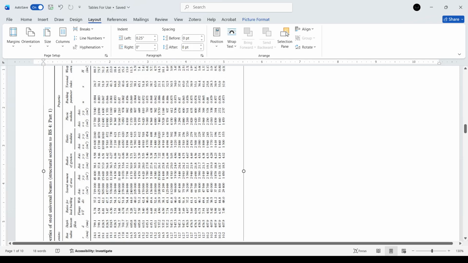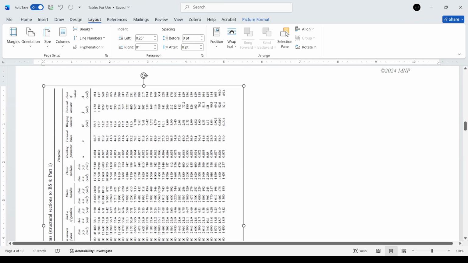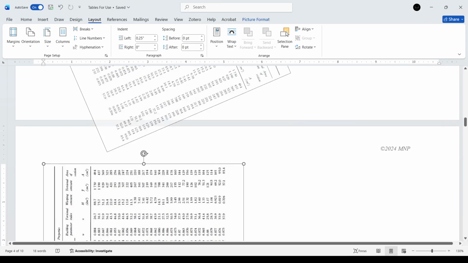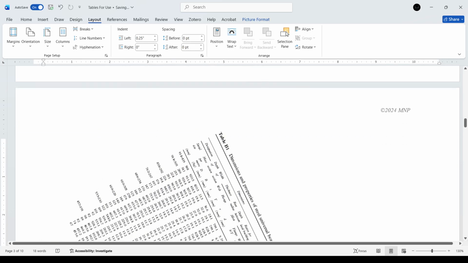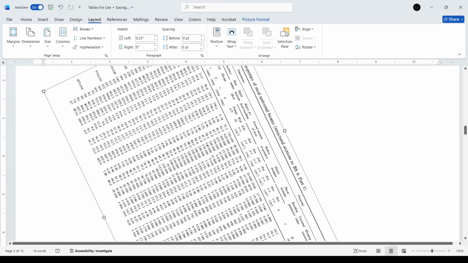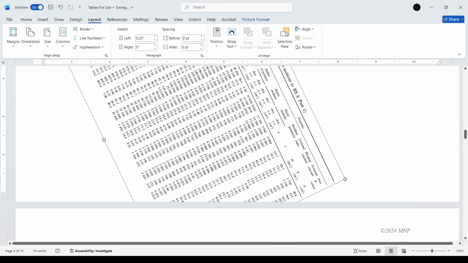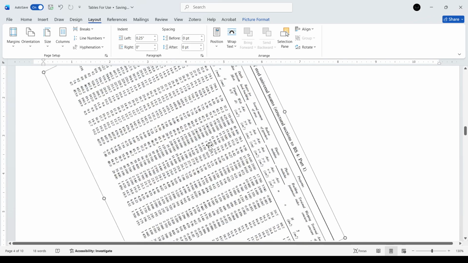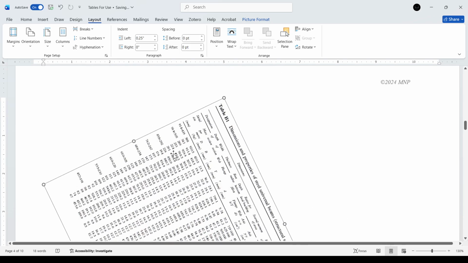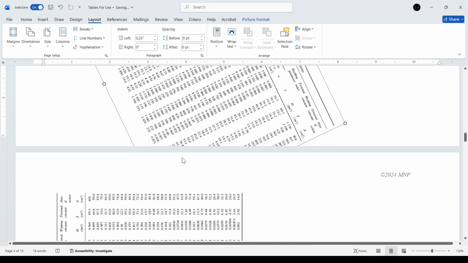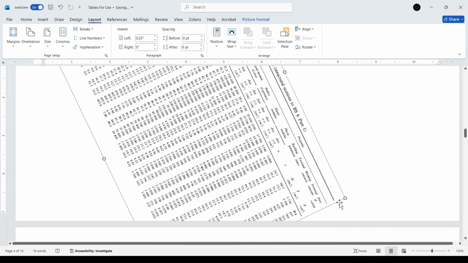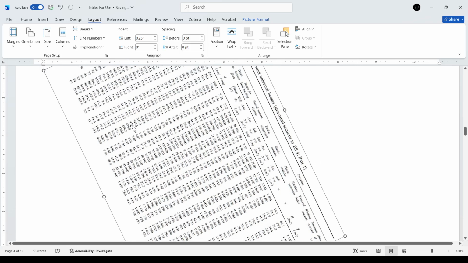Either way, there are ways to rotate this. Oh, now I have messed it up. Hey, you guys.